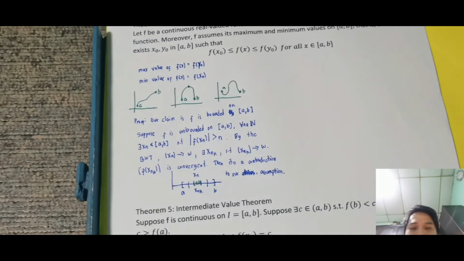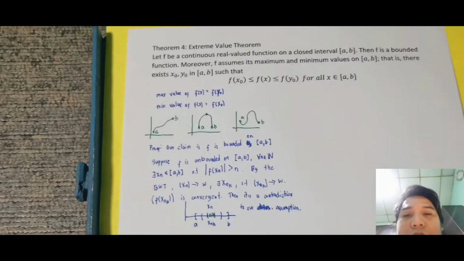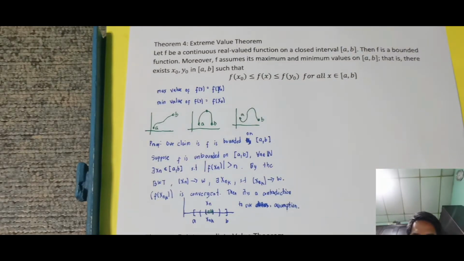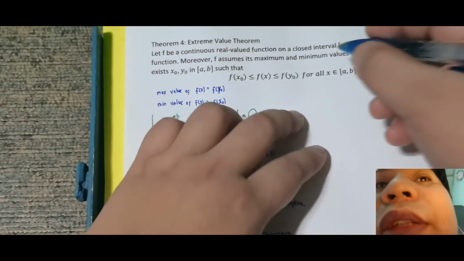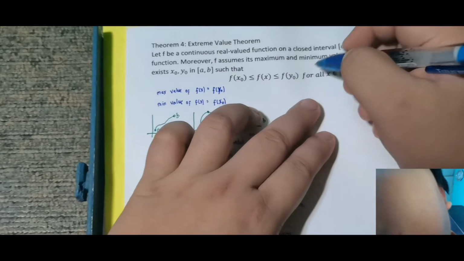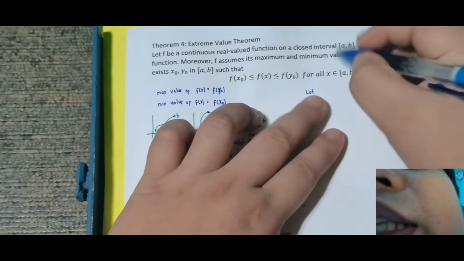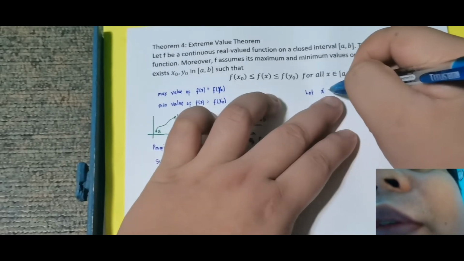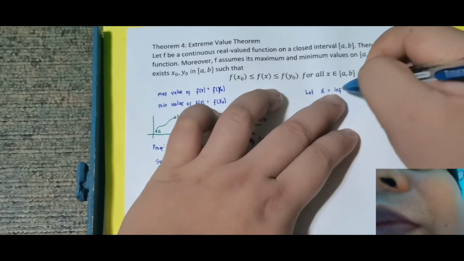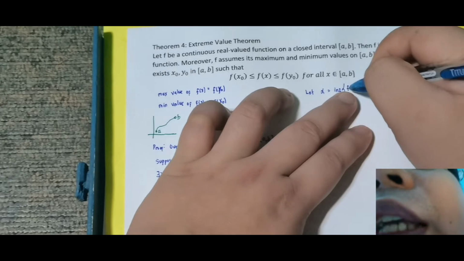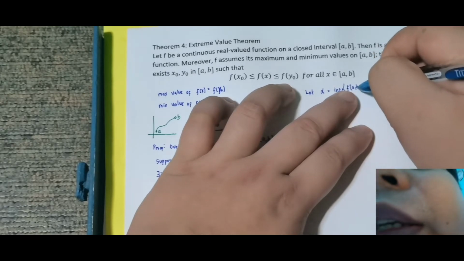Okay, since that happened, let me let x naught and y naught, since that's what we use. Let alpha be the infimum of the set f of (a, b).